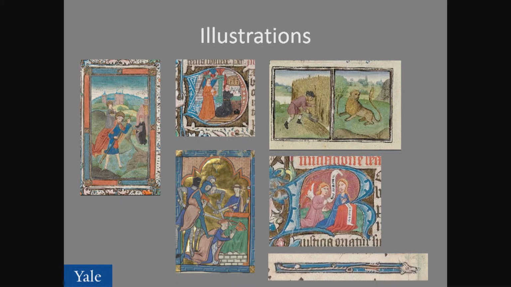The research group that's focusing on books of hours, they're interested in the text and its relationship to the visual within the manuscript. And so they're looking at these larger illustrations that you see at left, or these inhabited initials, or even the line fillers that you see at the bottom right there.